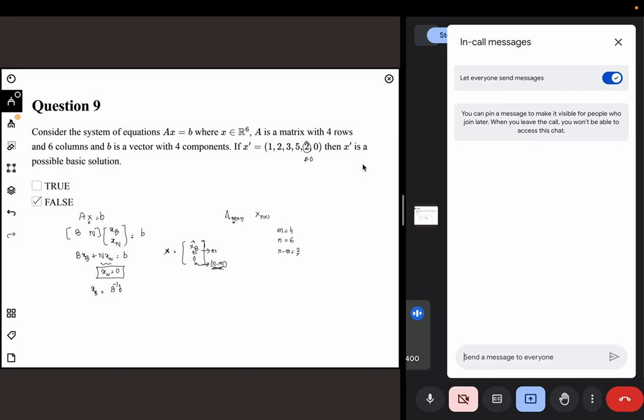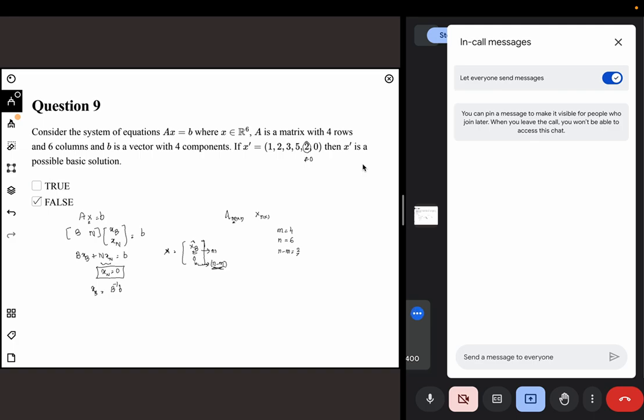Unless I give you the values of A and b, you won't be able to tell me whether this is a basic feasible solution or not, because for it to be a basic feasible solution, it has to satisfy the equation Ax equal to b. Without knowing A and b, you can't comment on that. But we can say that this cannot in any way be a feasible solution because we have a non-zero value here.